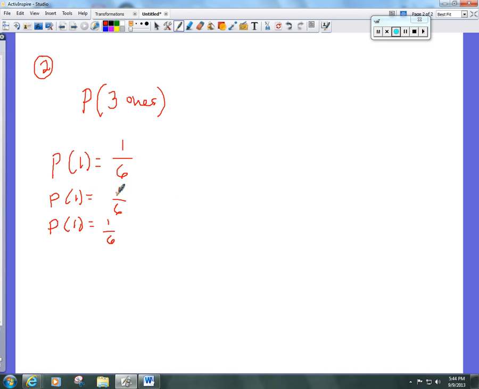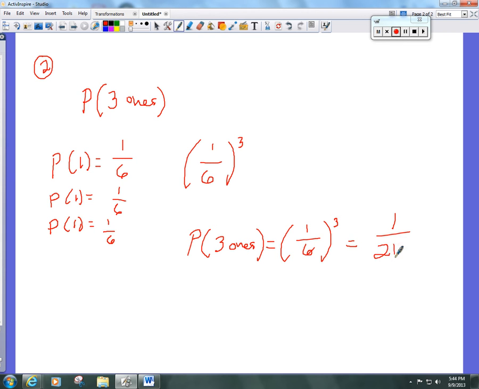So really what I have is 1 out of 6 cubed. So the probability that I get 3 ones is equal to 1 out of 6 cubed, which is 1 out of 216. That means if you would do this experiment 216 times, you're going to get 3 ones 1 time out of every 216 attempts.